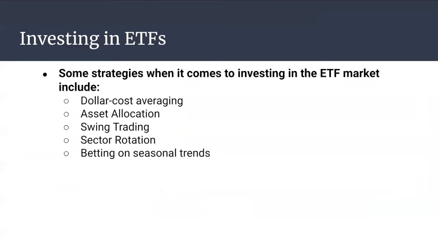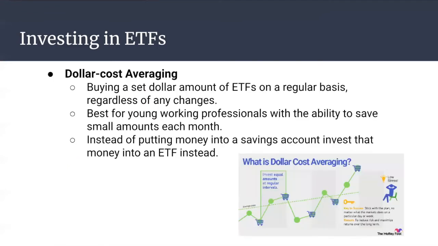Now we will move on to some different strategies that you can use when investing in the ETF market. We will discuss dollar cost averaging, asset allocation, swing trading, sector rotation, and betting on seasonal trends. The first method is called dollar cost averaging.